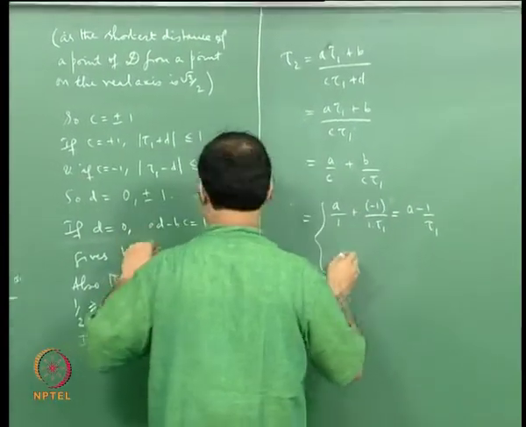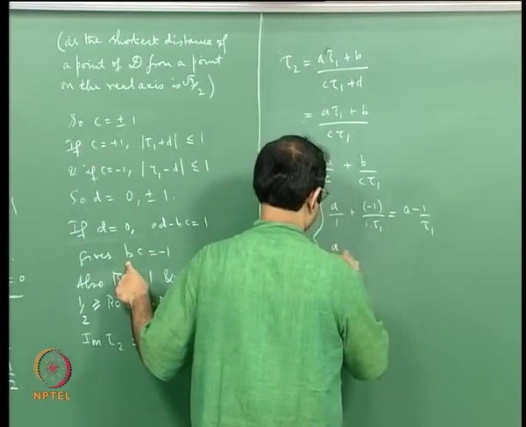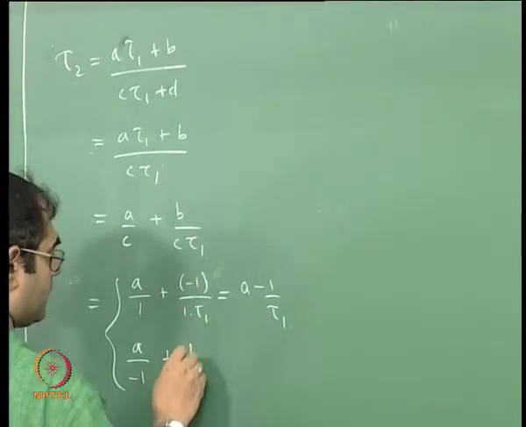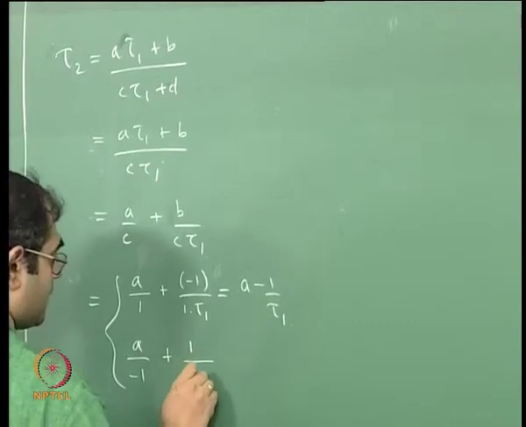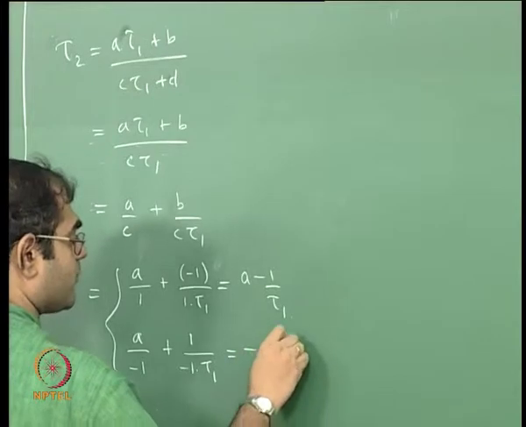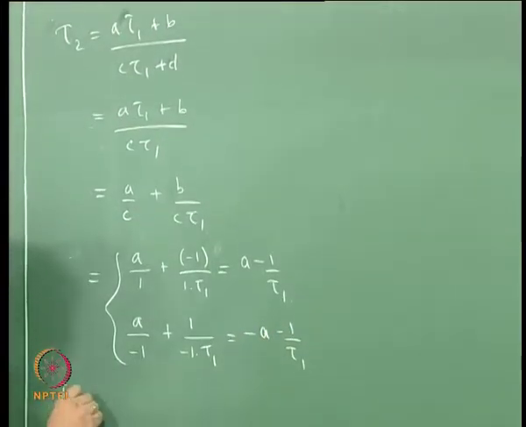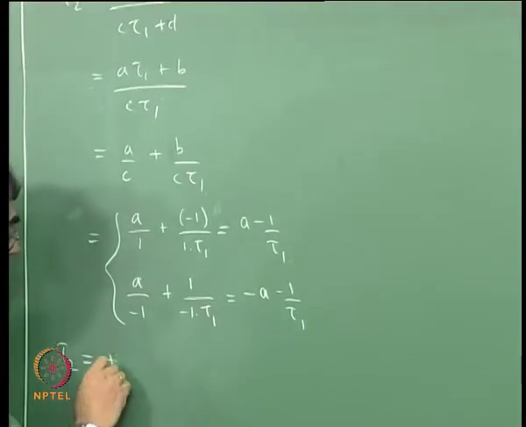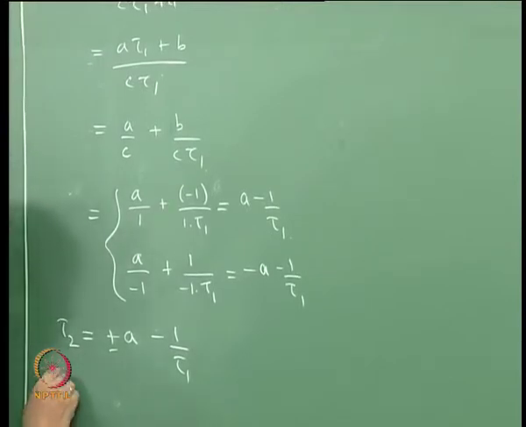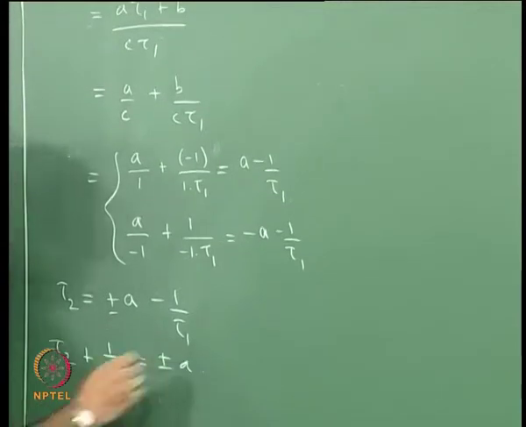If I put c equal to minus 1, then b equals 1, so I get minus a minus 1 by tau 1. Put together, tau 2 equals plus or minus a minus 1 by tau 1. So tau 2 plus 1 by tau 1 is equal to plus or minus a.